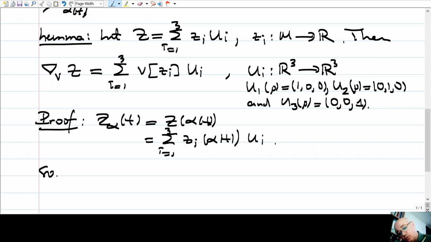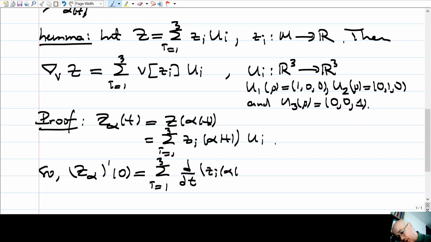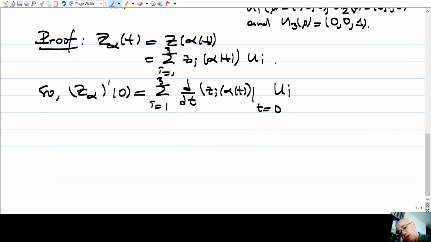So the derivative of this object evaluated at 0 is what? Well, you just take derivatives of these functions, right? Evaluate at 0, and then you multiply with ui. But what is this object?